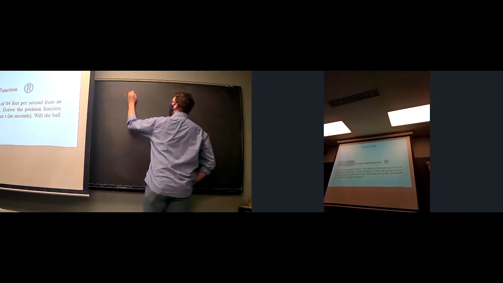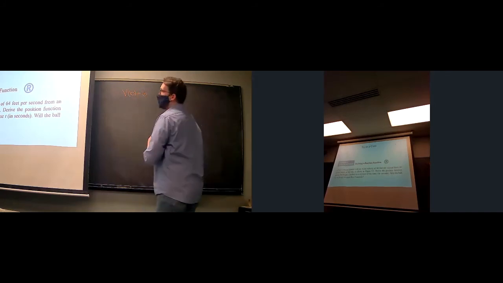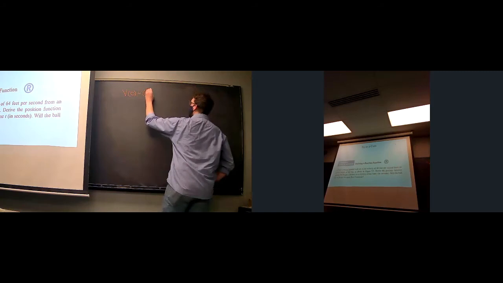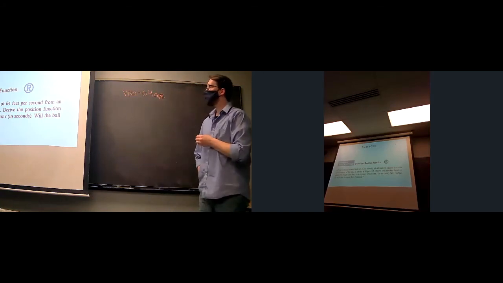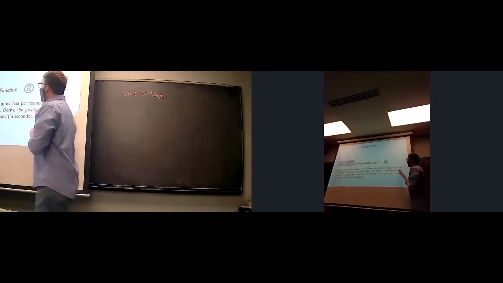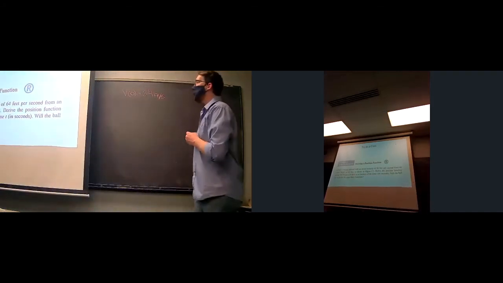So we know that velocity at time equal to 0 is equal to 64 feet per second. That's supposed to be an ft, not an f. You know the initial height is 80 feet.